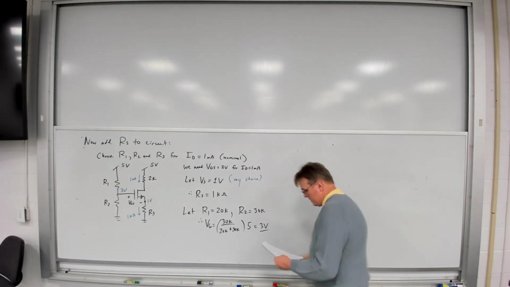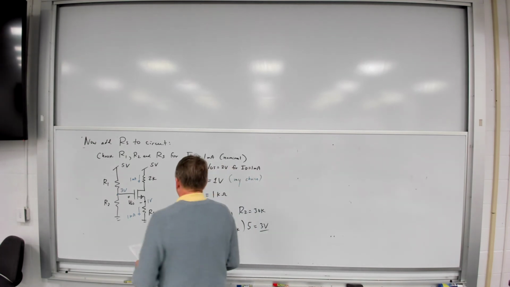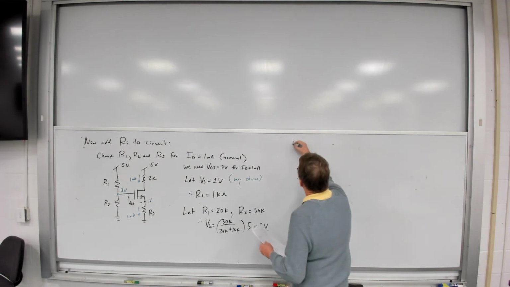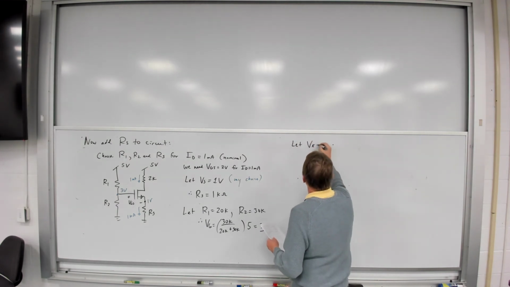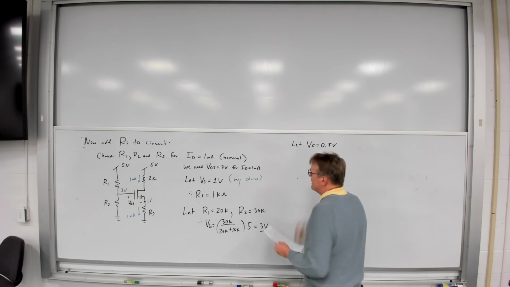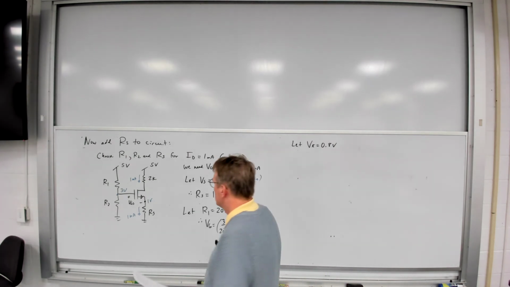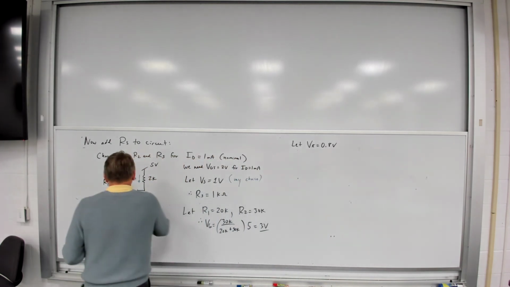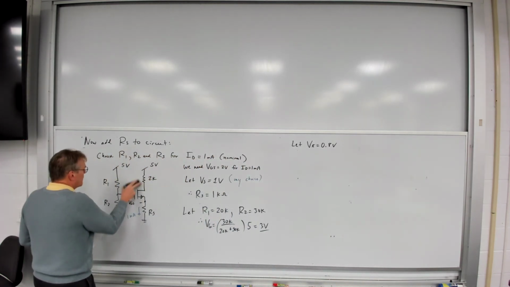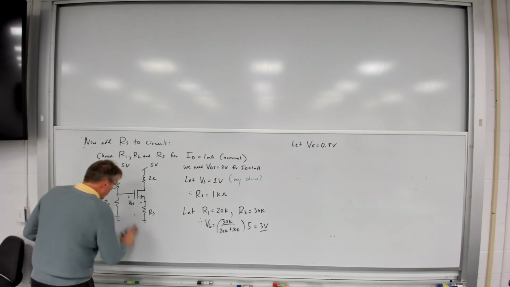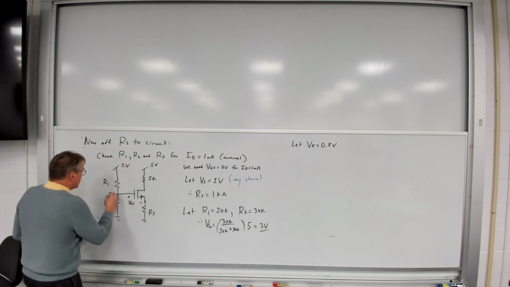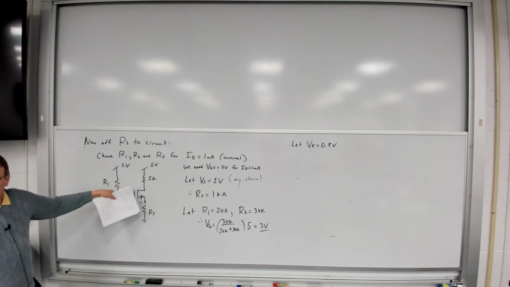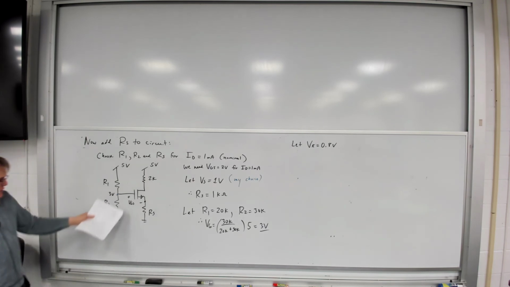So to solve for this, let's first let VT equal 0.8 volts. In this case, these were the nominal values, so I can't make these assumptions anymore. This, of course, is still 3 volts at the gate, but I don't quite know what these voltages are going to be now because the threshold voltages are going to change, okay?